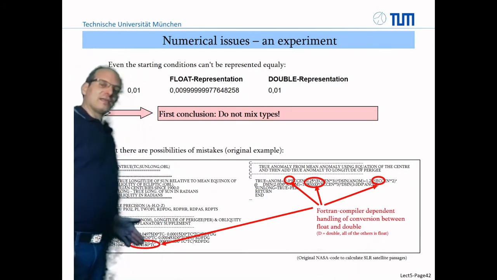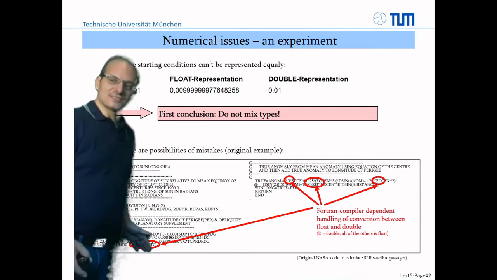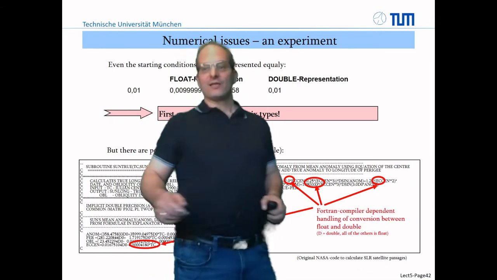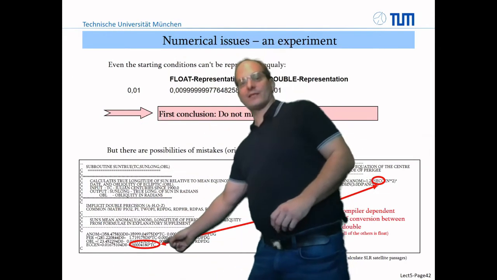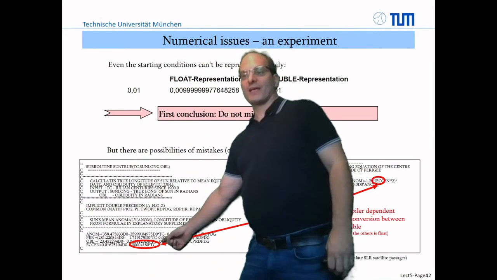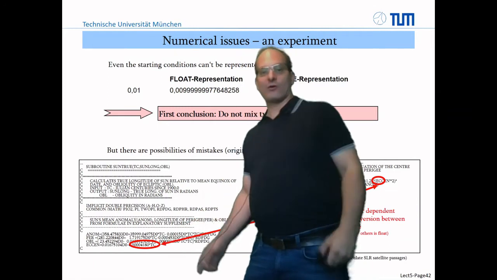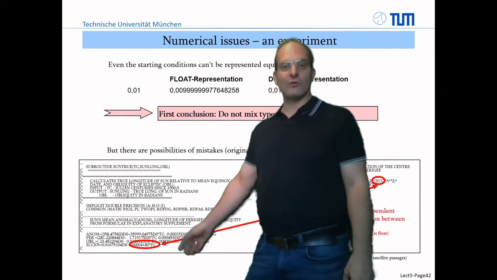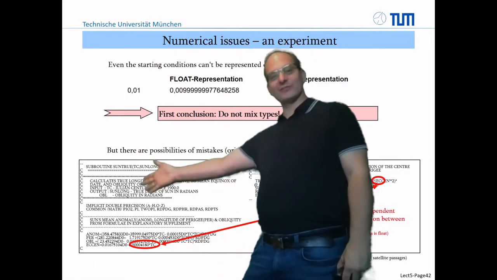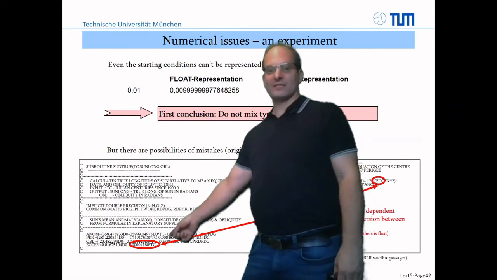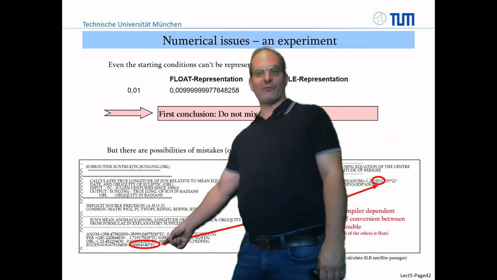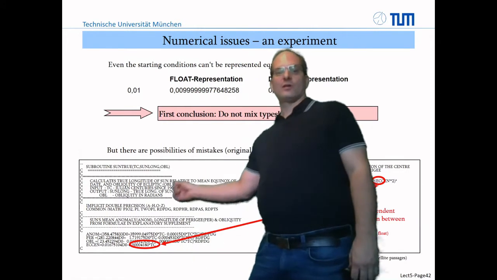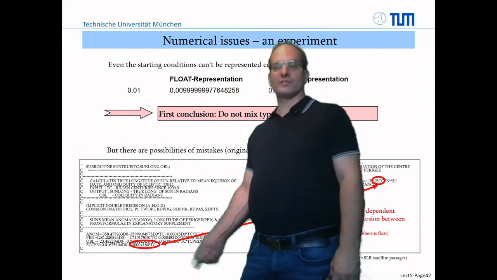Fortran has the situation that, for example, you can identify a double and a single precision, and if you don't do this, the compiler can decide. Nowadays all compilers luckily decide to go to the highest precision, but it was not defined before. So this code might run on different computers in a different way.